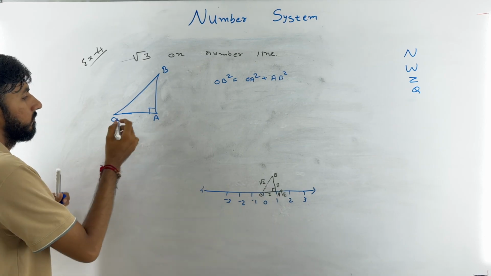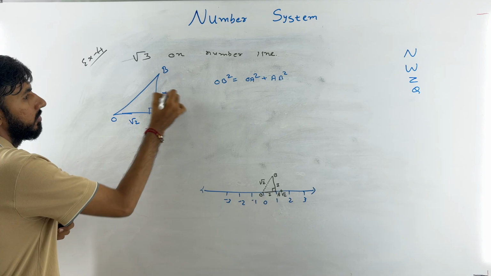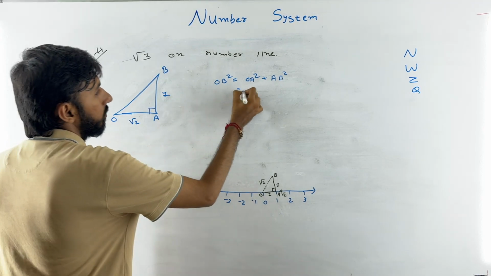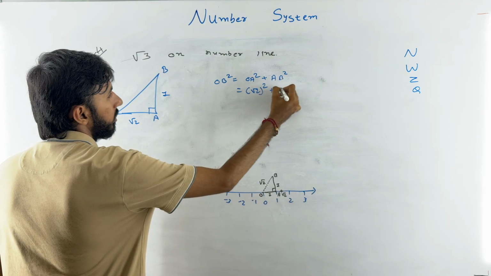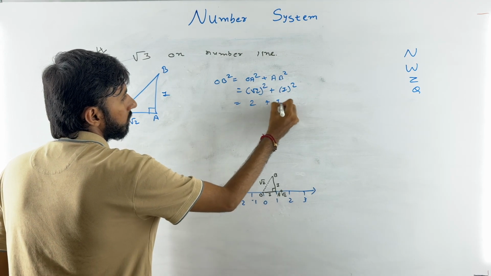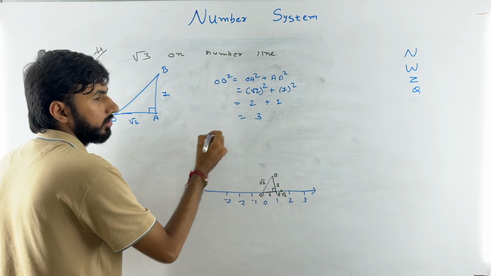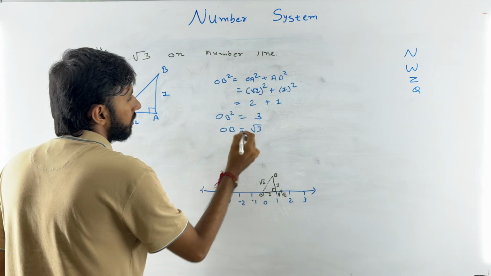Imagine the length of side OA equals root 2 and the length of side AB equals 1. What will OB be? OA equals root 2, so I write root 2 squared, AB equals 1, so I write 1 squared. Root 2 squared equals 2, 1 squared equals 1, and this will become 3. So OB squared equals 3, so OB equals root 3.